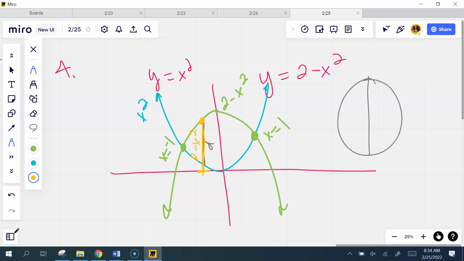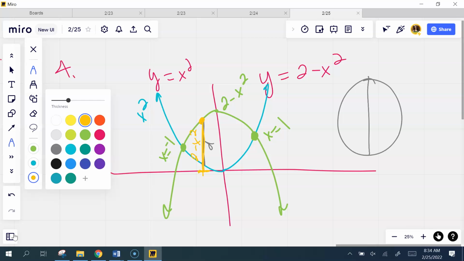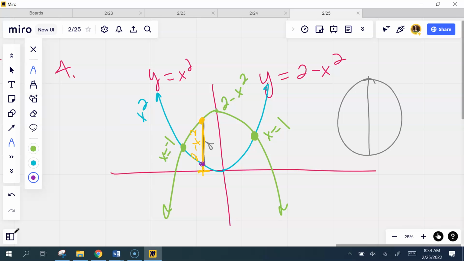So the y value minus the y. That's exactly right. But I'm going to have to take out this little piece. So what is that little piece? It's x squared. So this whole thing is 2 minus x squared minus x squared. That's the diameter.